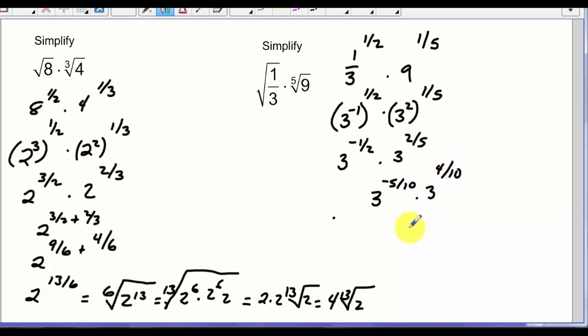Add the powers, 3 to the -1/10. Again, to simplify this, since it's negative, I'm going to take the reciprocal of the base, raise that to the 1/10 power, which is now positive. It's in an exponential. I'm going to change it to a radical.